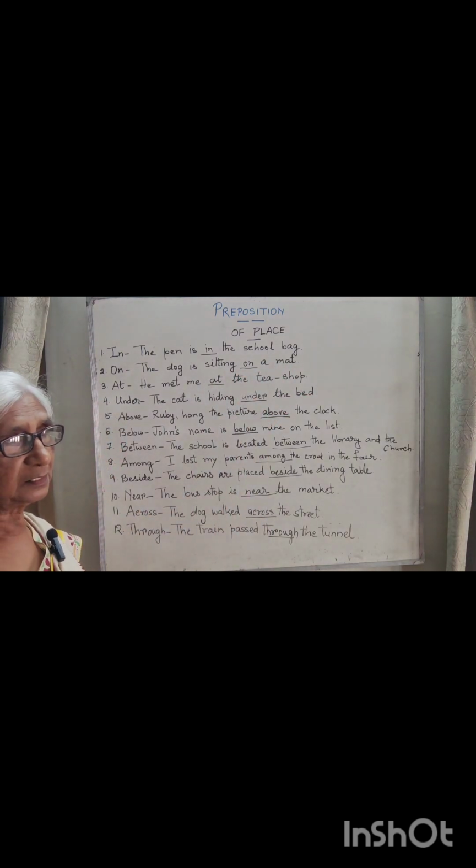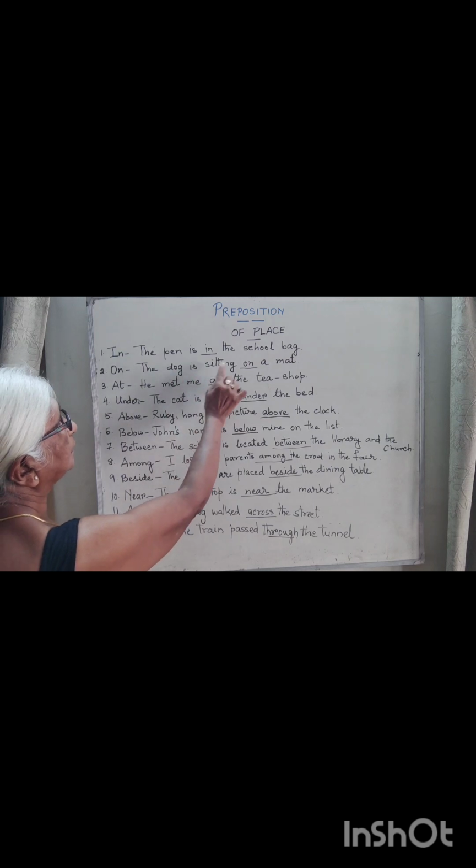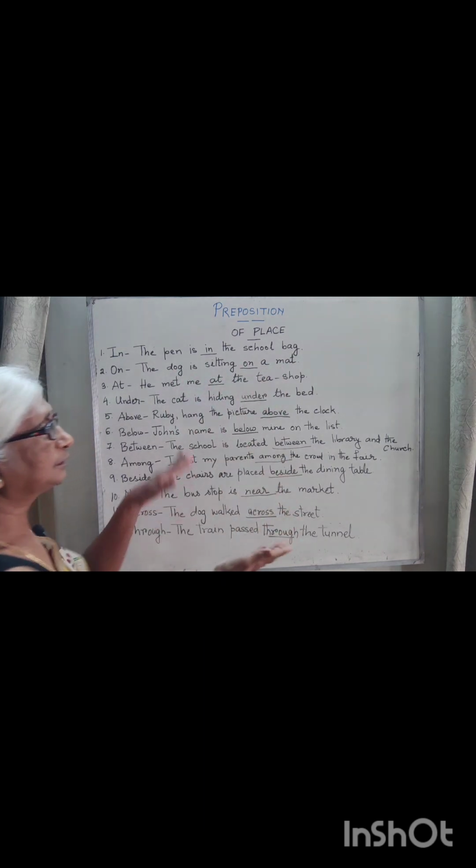You may be sitting on the bed, someone may be sitting somewhere else, but here the sentence the dog is sitting on a mat shows that it has a touch with the mat. Okay?